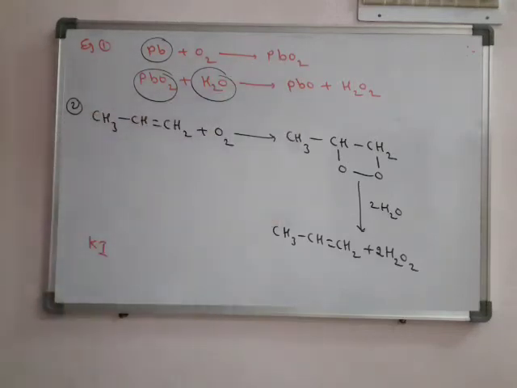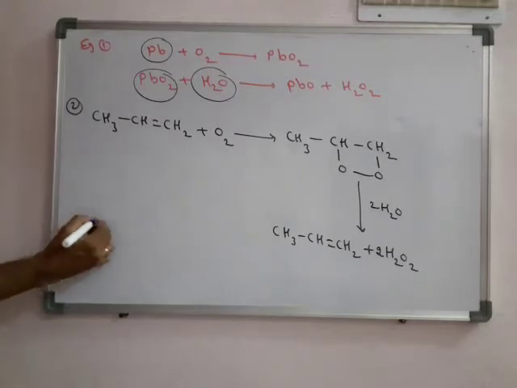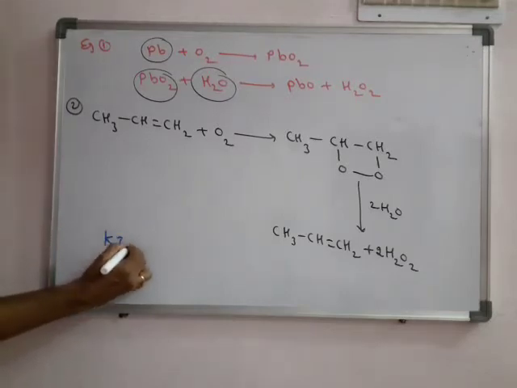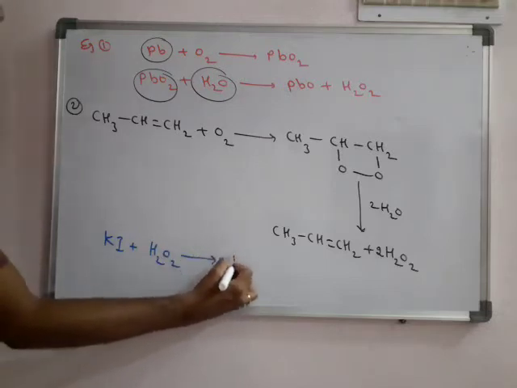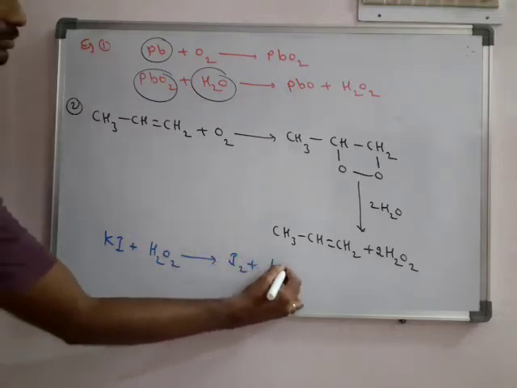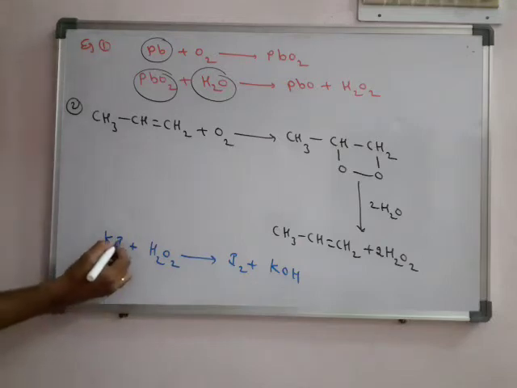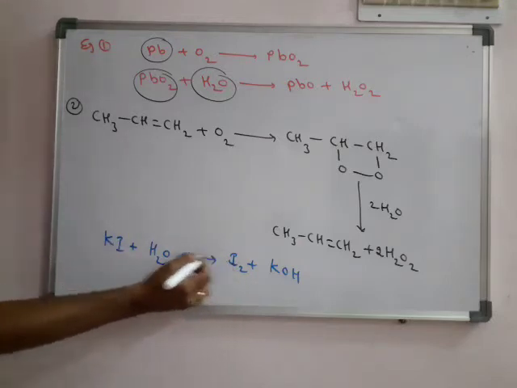Okay, the formed hydrogen peroxide, if combined with potassium iodide, that potassium iodide is oxidized to I2.